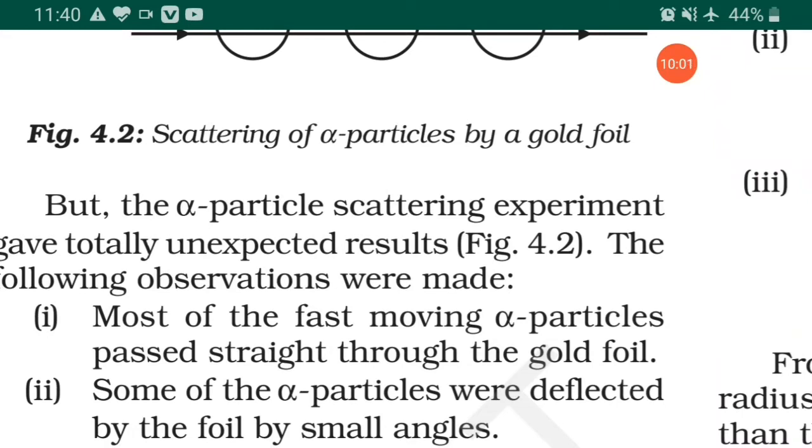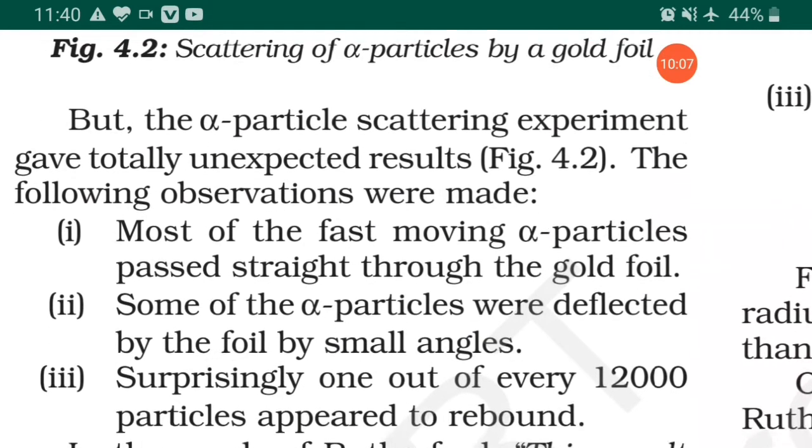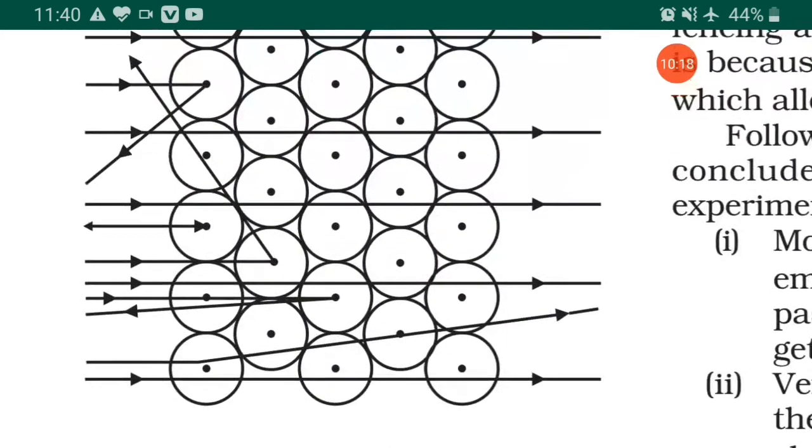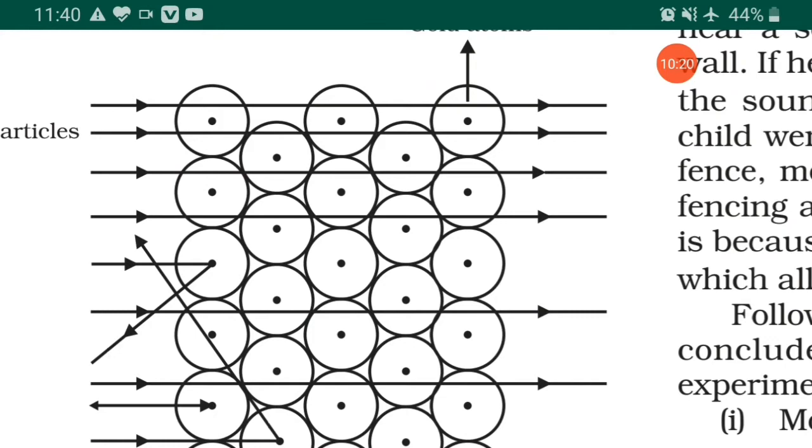The alpha particle scattering experiment gave totally unexpected results, and the results are as follows. First, most of the fast moving alpha particles pass straight through the gold foil.